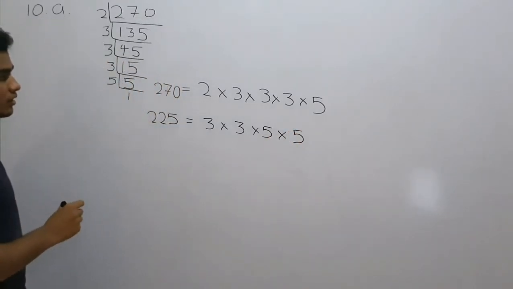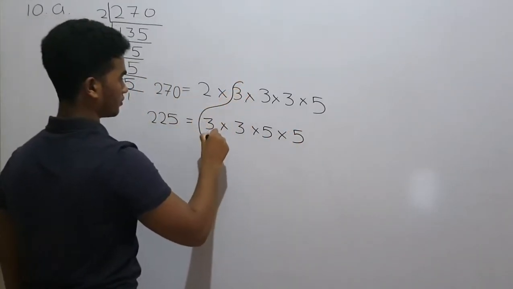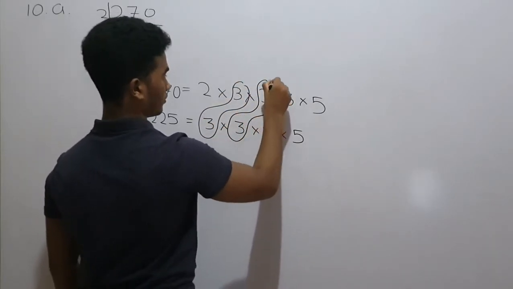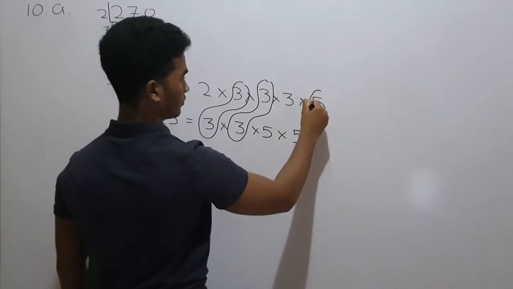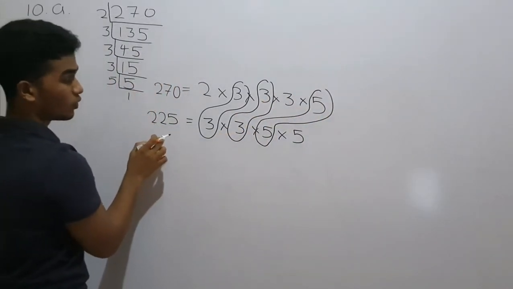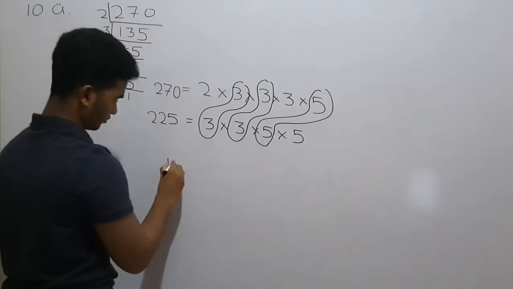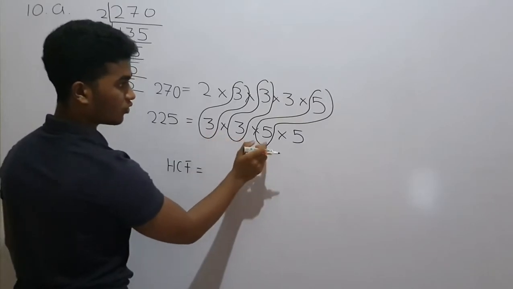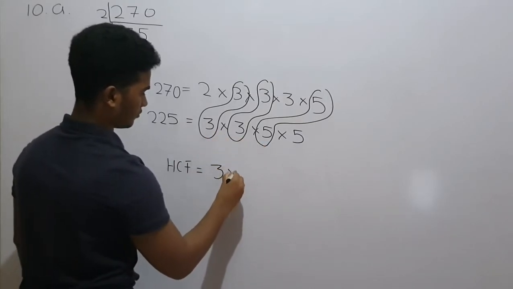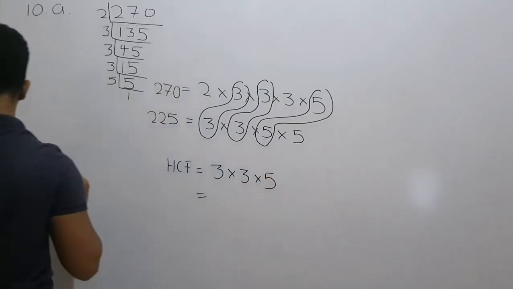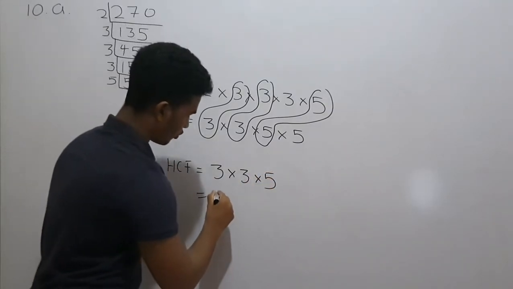Now you can circle the common factors. 3 and another 3 is common, and one 5 is common. So the HCF of 270 and 225 is 3 into 3 into 5. So this is 45.